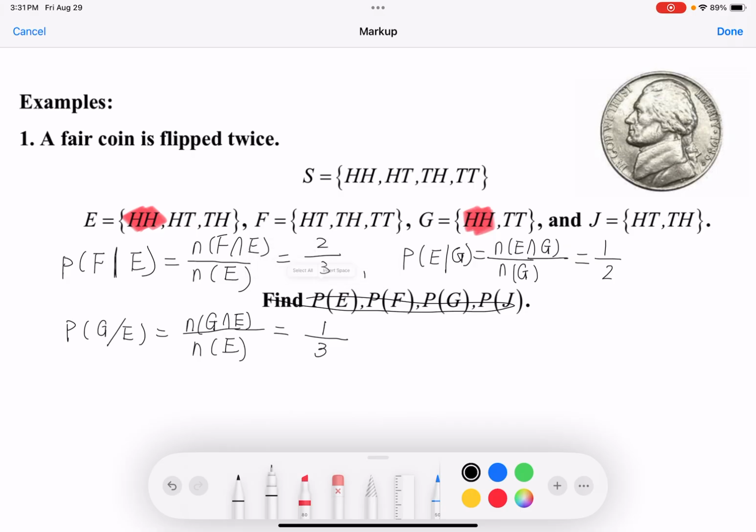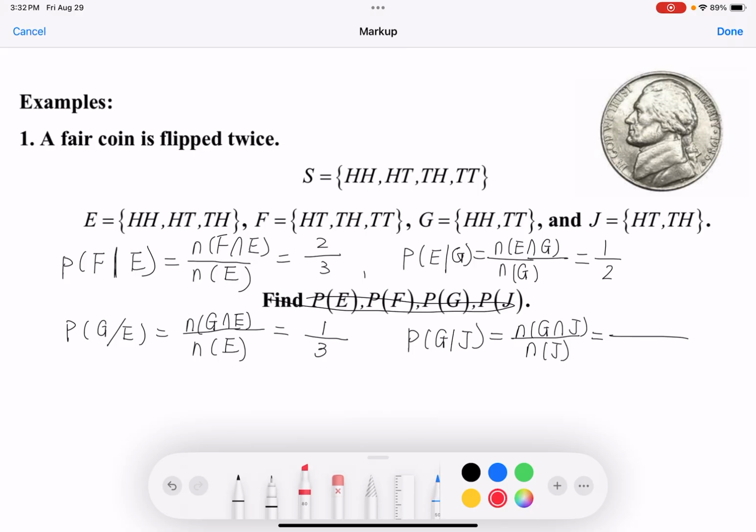And next one is P of G given J. Okay, rewrite this form into N of G and J divided by N of J. On the top, what is the N of G and J?